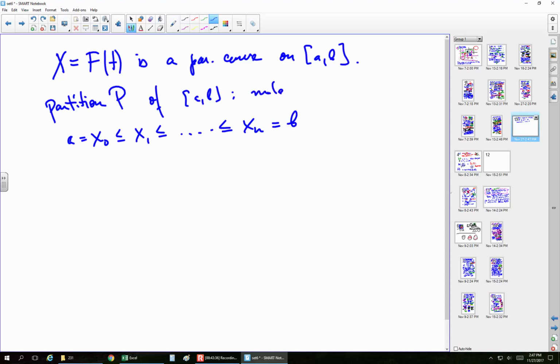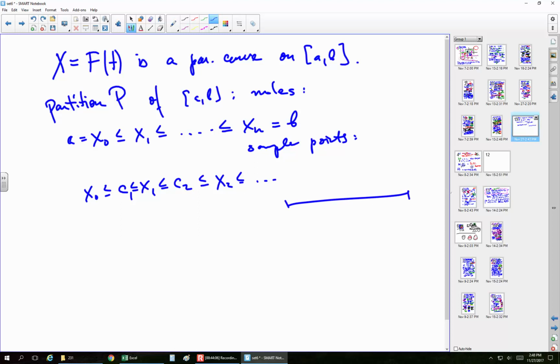These are the nodes of the partition, and the sample points are in between. Sample points are where our path will be sampled. So it will be c1 between x0 and x1, and then c2 between x1 and x2, and so on. So it's really uncomplicated. It all goes back to calculus 1.